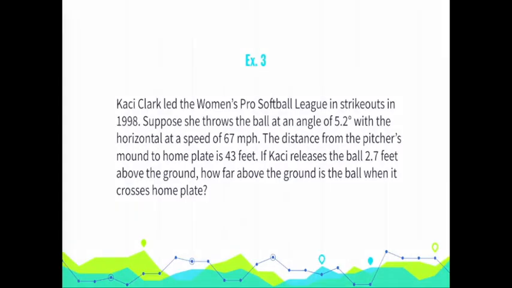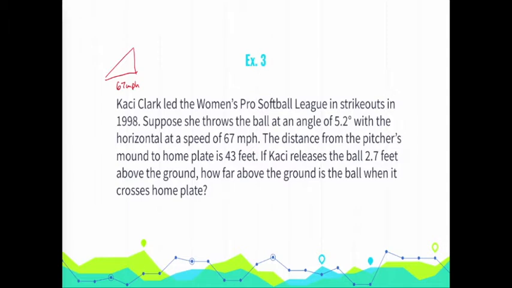So, right, she's releasing the ball at a horizontal speed of 67 miles per hour. And she is releasing the ball 2.7 feet above the ground. So we want to add 2.7 to that vertical distance, right?